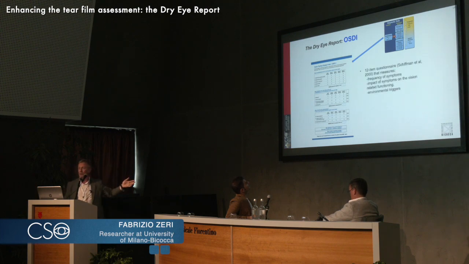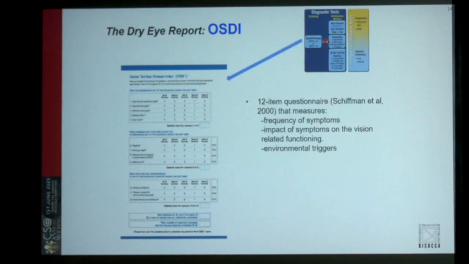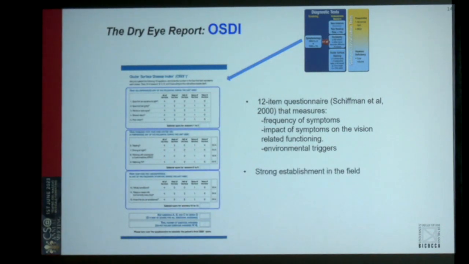But it's very simple to find, and it has lots of questions, precisely 12, and you can get information about frequency of symptoms and so on. Once you get this information, you can put it in the system. And so the system collects this first information about symptoms.